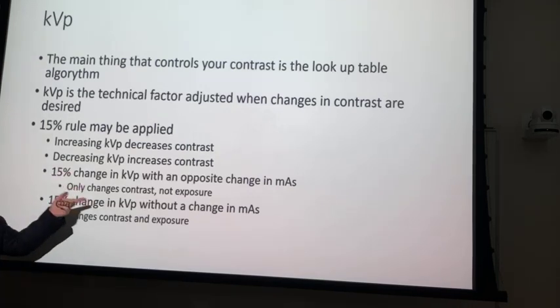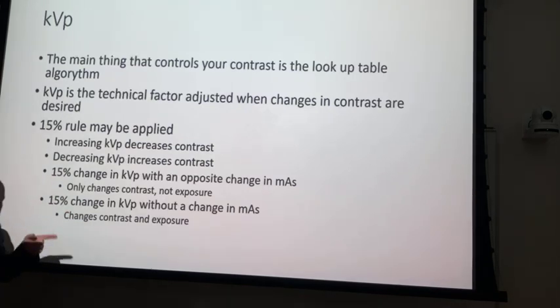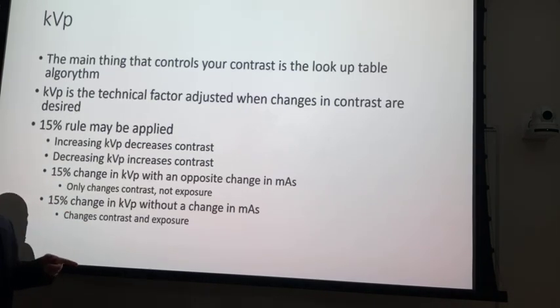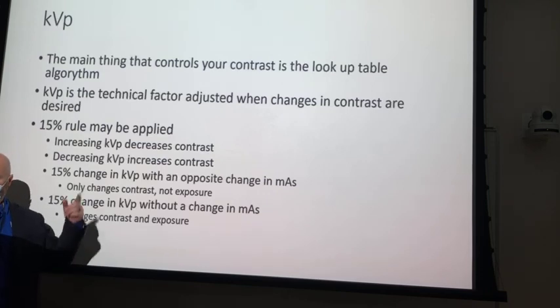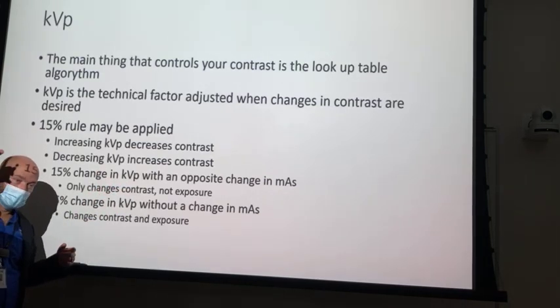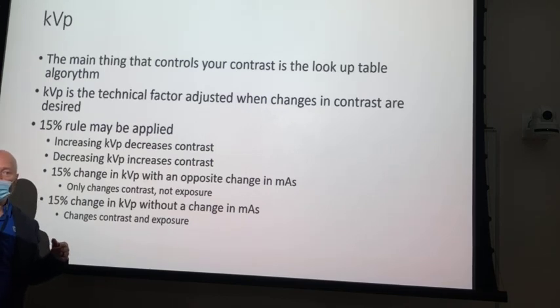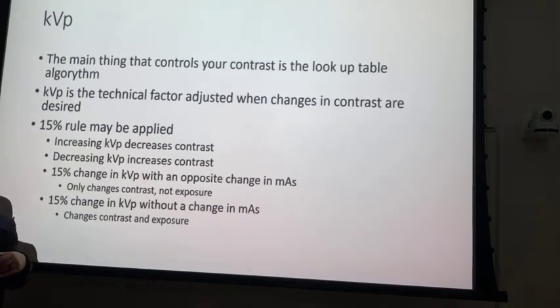So if you increase your kVp by 15% and want to maintain image receptor exposure, your dose goes up. What do you do to bring that dose back down? Cut your mAs in half, a factor of 2.